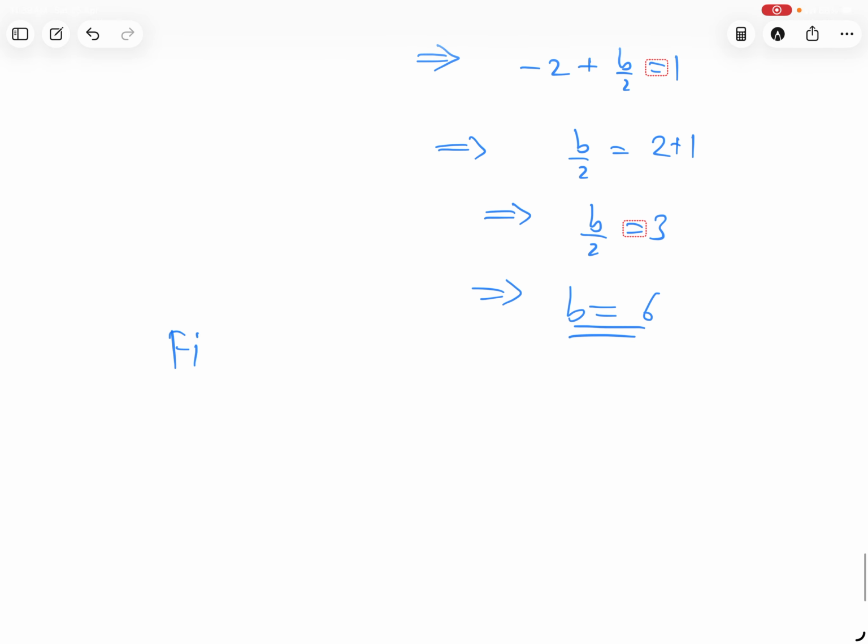Finally, a is equal to minus 6 and b is equal to 6. So this is the answer. So today's question is up to this. Thank you very much.